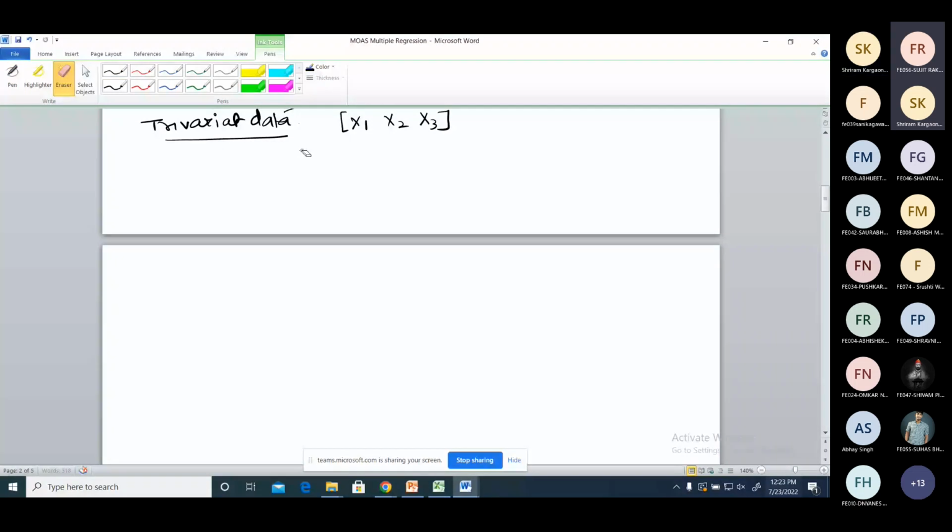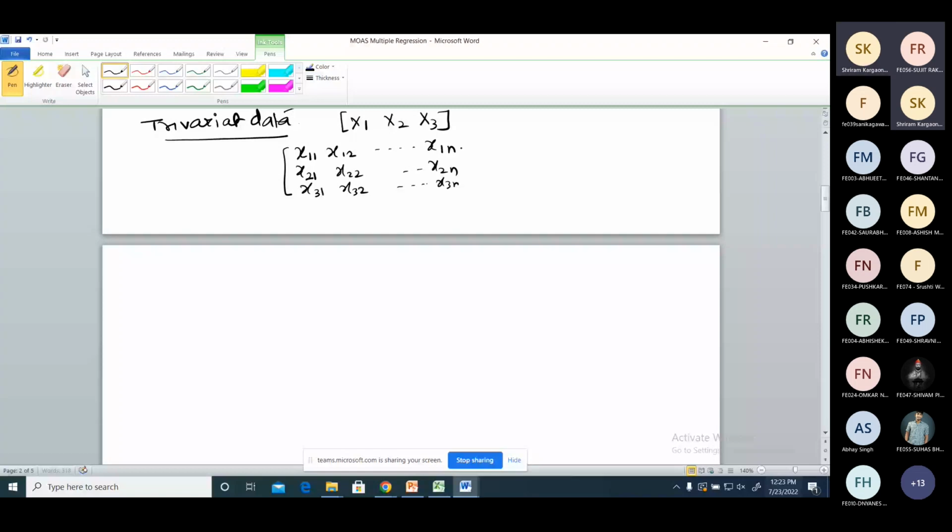So small x11, x12, and so on, up to x1n. Then observations on the second variable: x21, x22, and x2n. Similarly x31, x32, and similarly x3n.